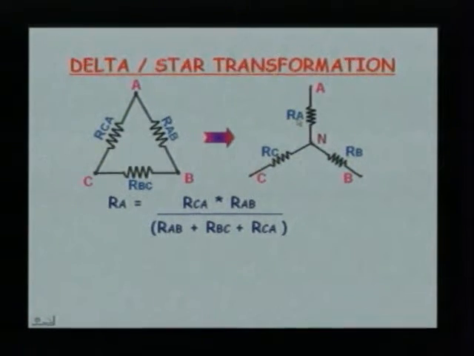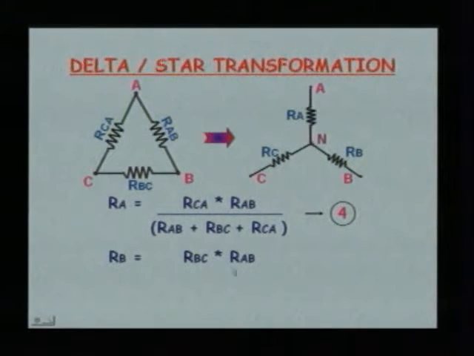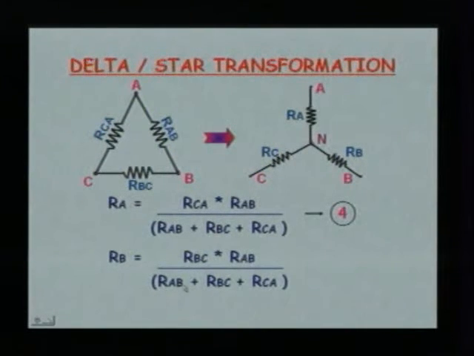If you observe, RA is equal to RAB into RCA divided by RAB plus RBC plus RCA. Likewise, we have got the others, that is RB is equal to RBC into RAB divided by RAB plus RBC plus RCA.